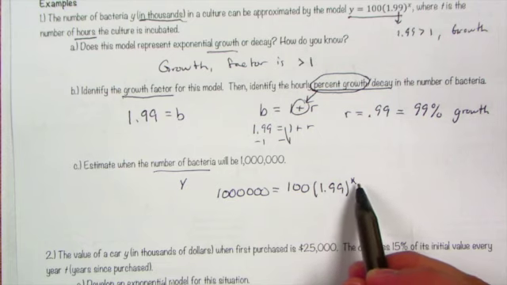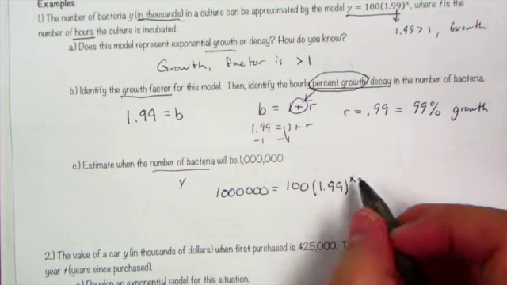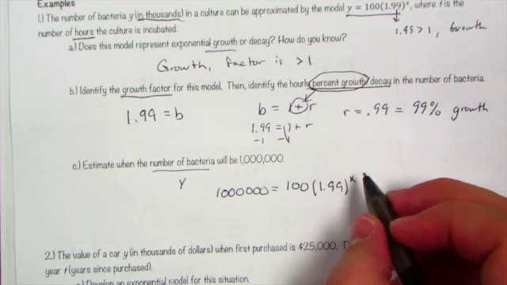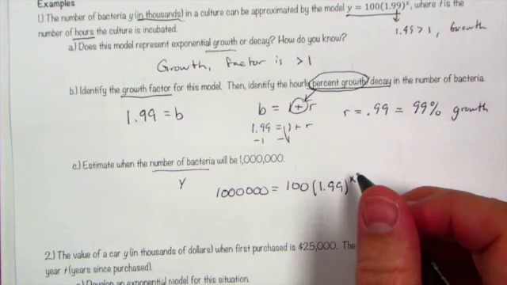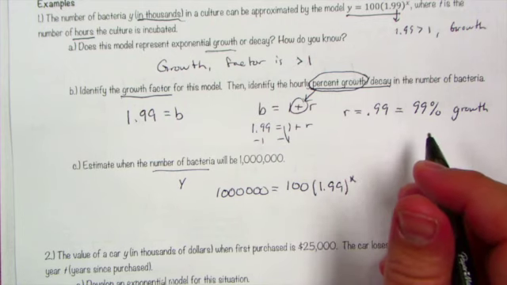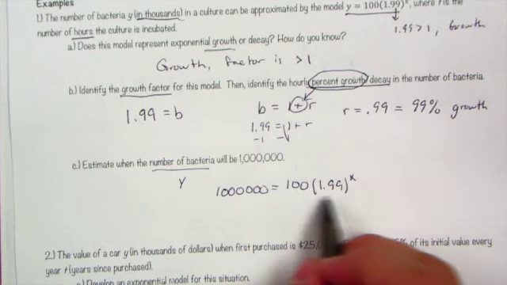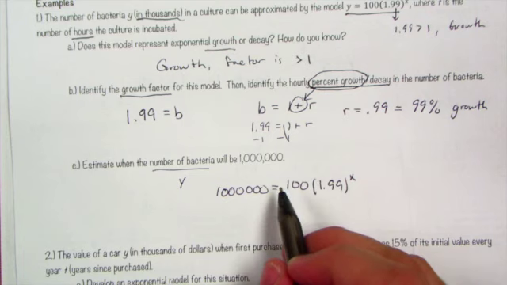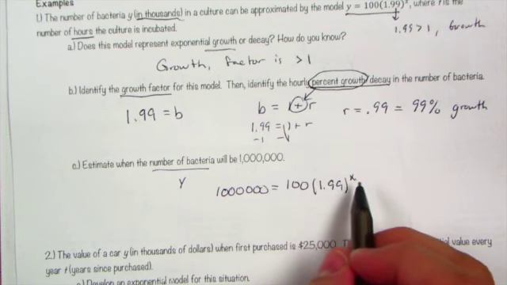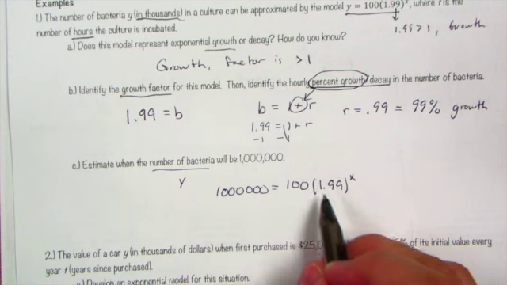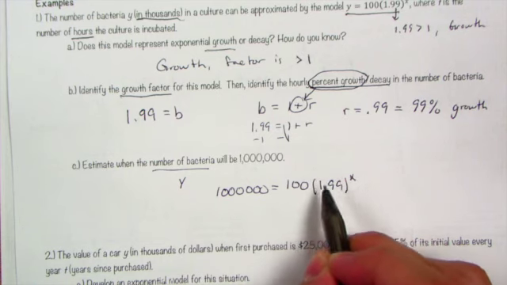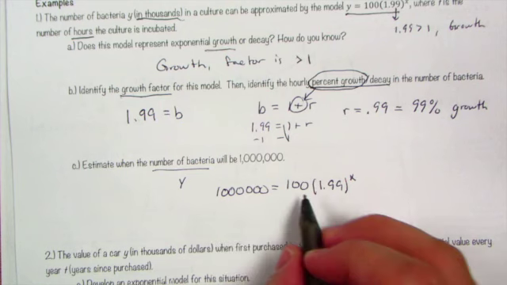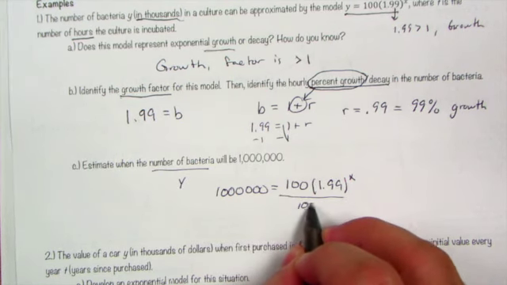This is an exponential equation and we haven't learned those yet, but we can approximate what this value is by using our graphing calculator. It won't be exact, but it'll be an approximation. So when we're solving for x, we need to isolate this exponential part, the base and its exponent. So the 100 we can move over simply by dividing by 100.